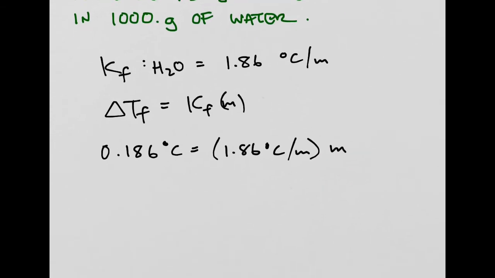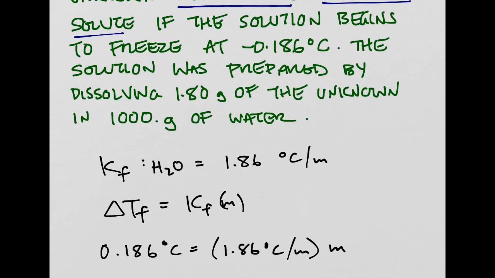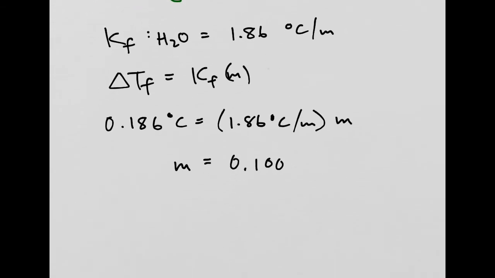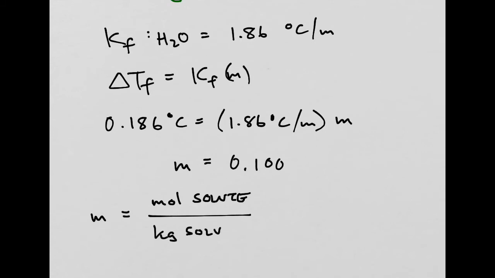When we do that, we find that the molality is 0.100, with 3 significant figures. And we also know that molality is the number of moles of whatever solute you're dealing with divided by the number of kilograms of the solvent, which in this case is the water.